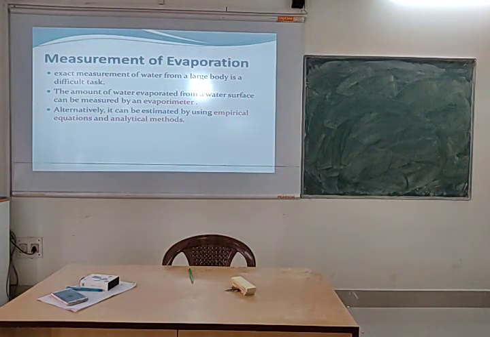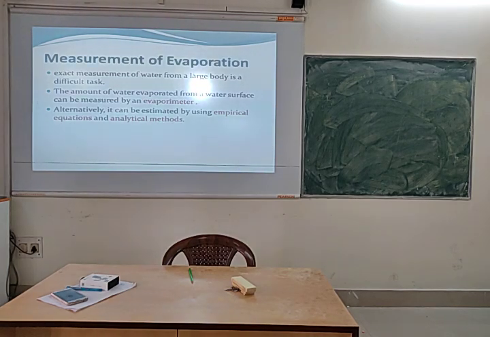Per area, evaporation rate. When we say the amount of evaporation, see, that is the problem: you cannot directly say this is the amount of water being evaporated from your large bodies as well. In those cases you have to multiply by some sort of factors.